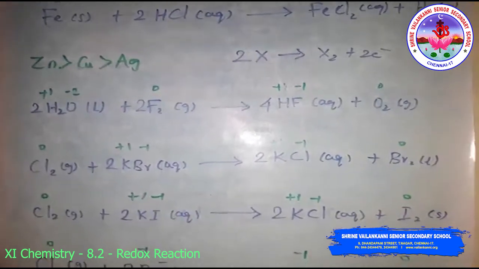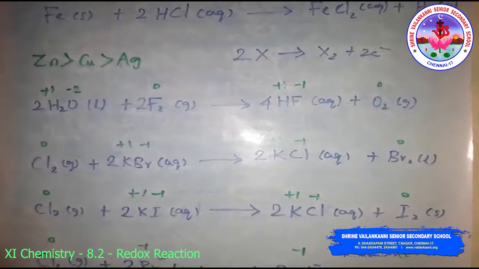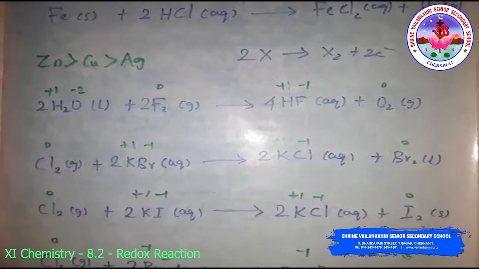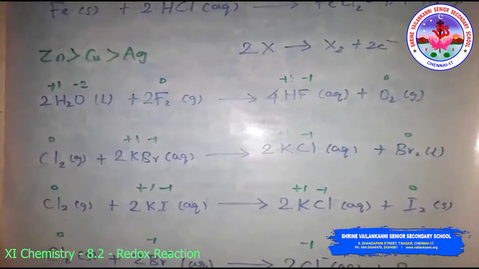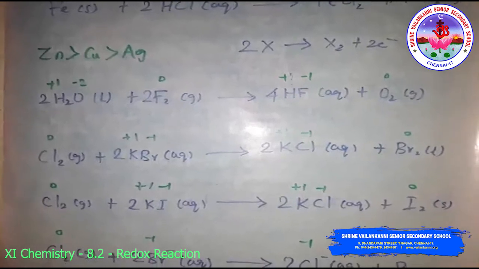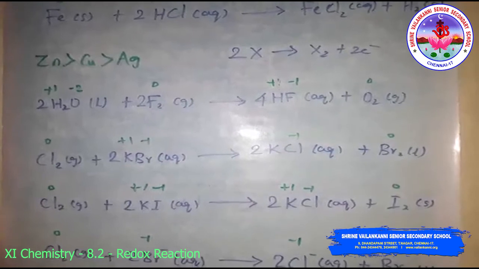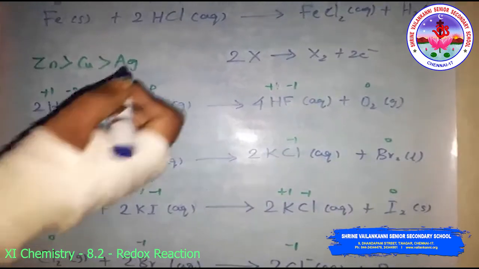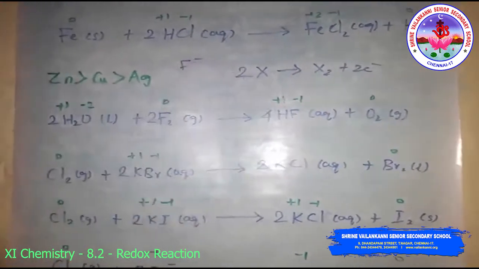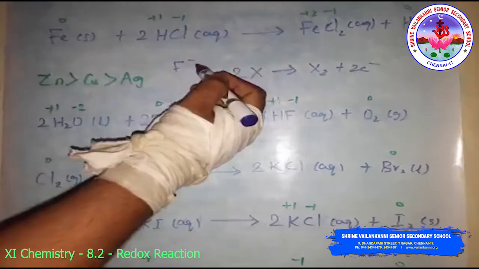Chemical means are available to oxidize chloride ion, bromide ion and iodide ion. As fluorine is the strongest oxidizing agent, there is no way to convert fluoride ion to fluorine.